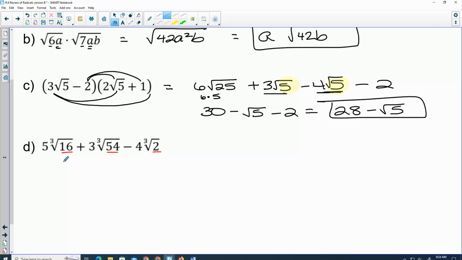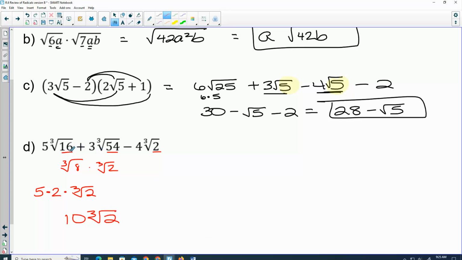So the cube root of 16, do any perfect cubes go into 16? Okay. What is the cube root of 8? 2. So what this means is really 5 times 2 times the cube root of 2, or 10 cube root of 2.